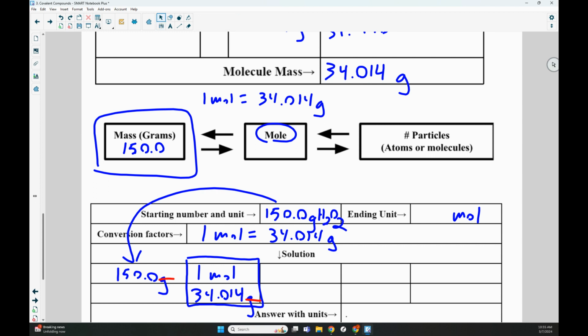And now I need to divide 150 by 34.014. And I get the following in my calculator. Let me scroll down.